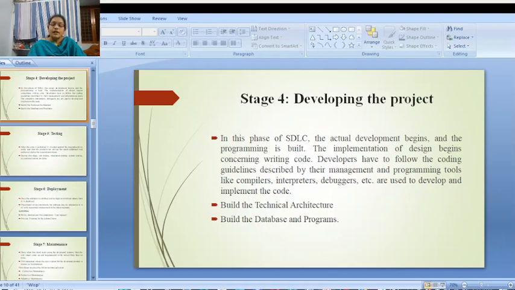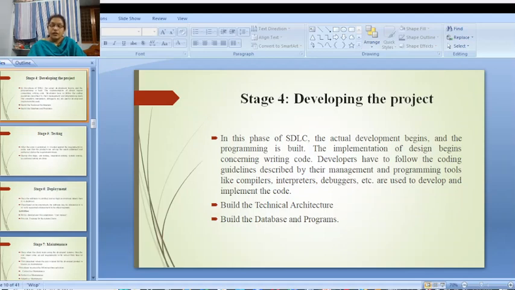Building the technical architecture covers the technical skills we need to develop the software, and using different database programs, it all will be done by IT professionals.